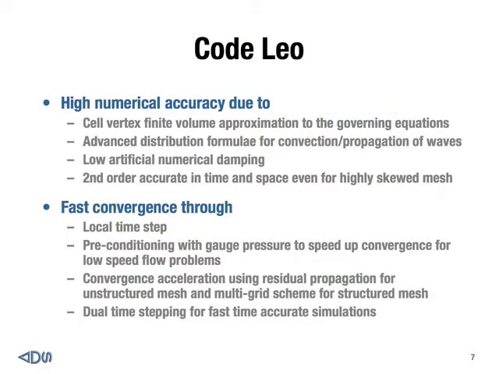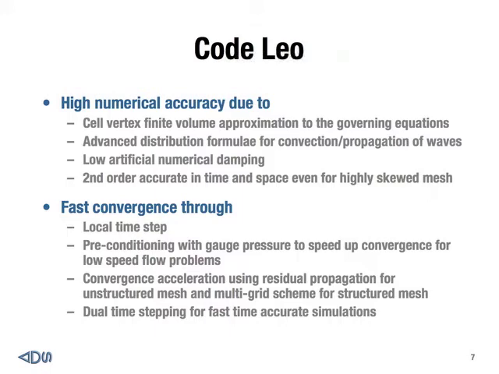And the numerical procedure we use to solve the fundamental fluid dynamic equations, that is the time-averaged Navier-Stokes equations, is as follows. We use cell-vertex approximations for the fundamental conservation laws, such as the continuity equation, conservation of mass, and three momentum equations, which is Newton's second law, conservation of momentum. The fifth equation solves the conservation of energy.